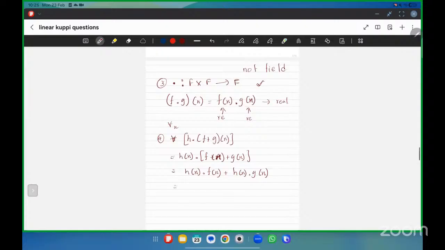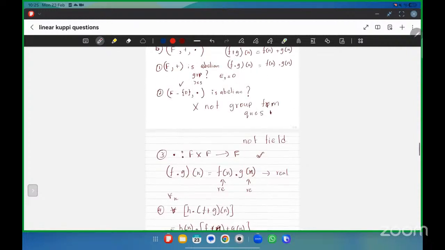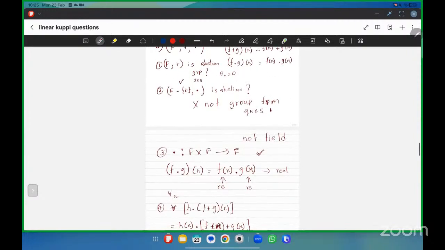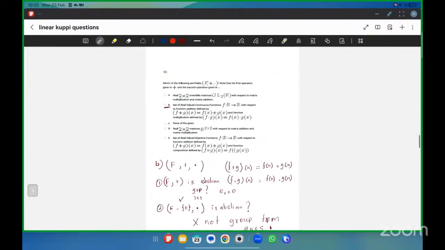Now we can write this as h dot f into x plus h dot g of x, so it became the distributive form. So the fourth condition is okay. Because of the second condition, we conclude B is not a field.